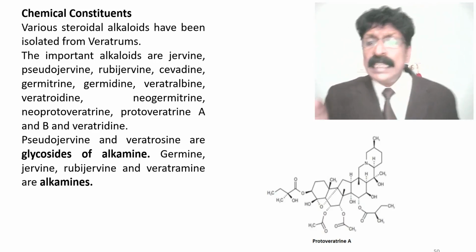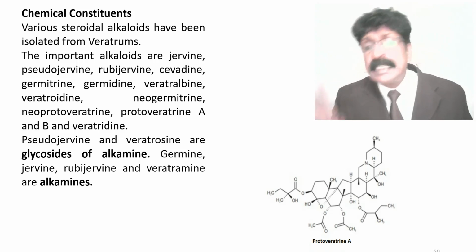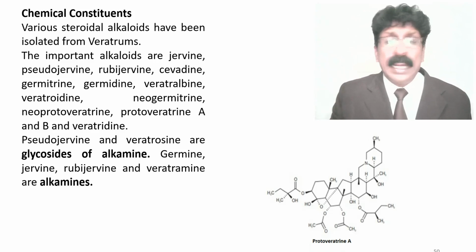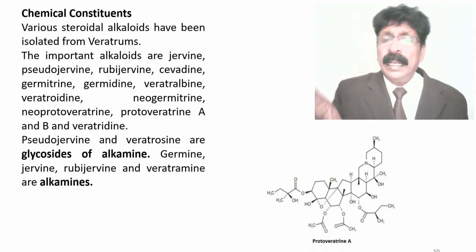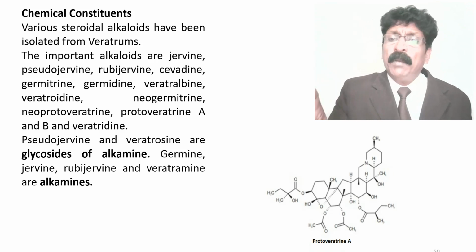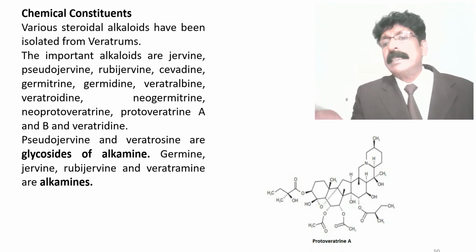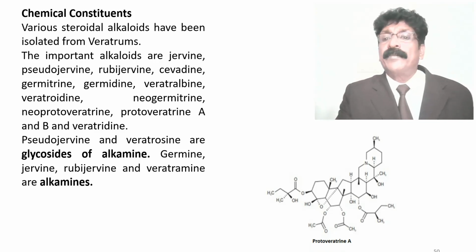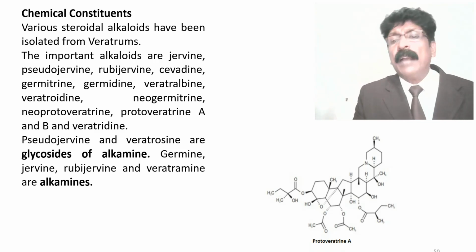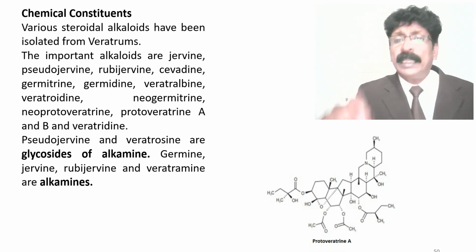So you can see the structure of protoveratrine A. No complicated structure. You can just see and write once, you will get an easy idea. It's a steroidal structure with 3 six-membered rings, and here 2 six-membered rings with a 5-membered ring. And you can have all the linkages like O, C, O, O, CH3, CH3. That means all of them are ester linkages, 1, 2, 3, 4.